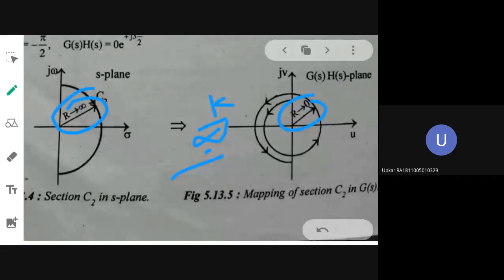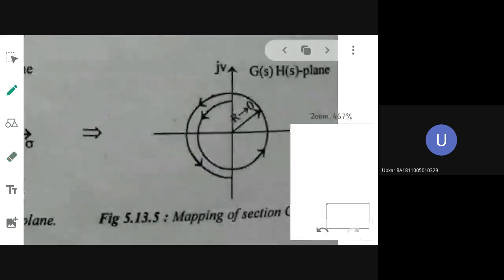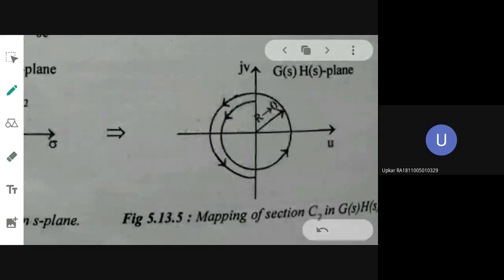Let me rub this a little bit. Okay, so here it is 0. Here it is minus 90, here it is minus 180, this point will be minus 270. It takes some time for that marking to load.